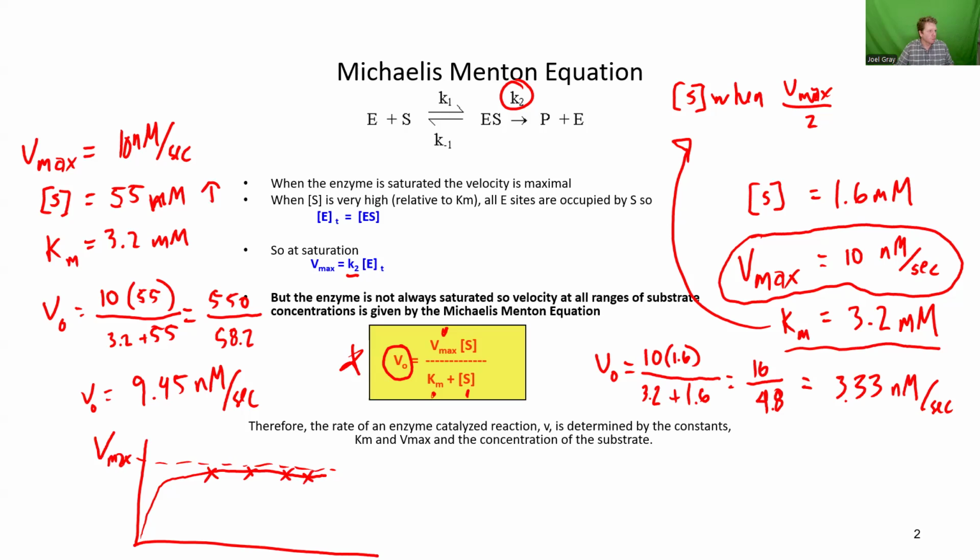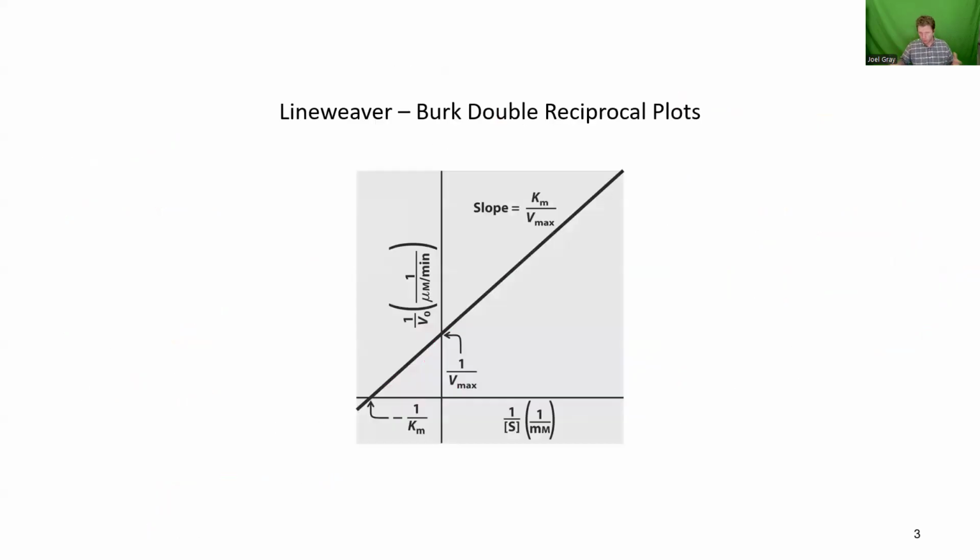Okay, so now what we need to look at is another representation of the same data, but a more user-friendly representation. This Lineweaver-Burk, or double reciprocal plot, is taking that same data that the Michaelis-Menten plot gives you, which, as you see it plotted, is not linear.